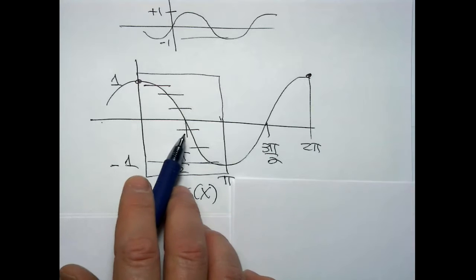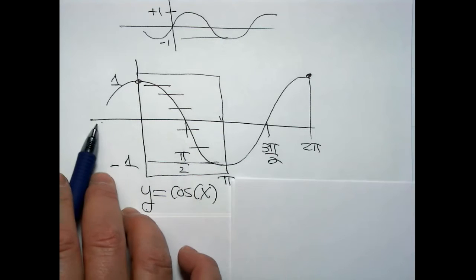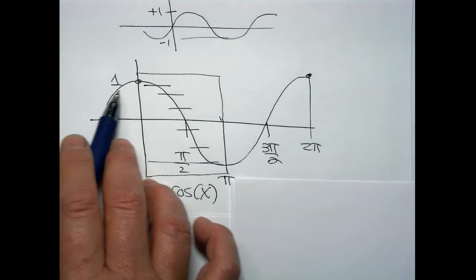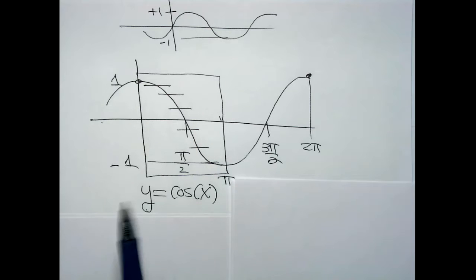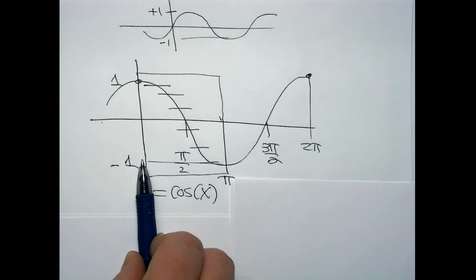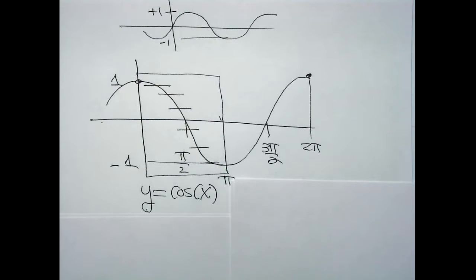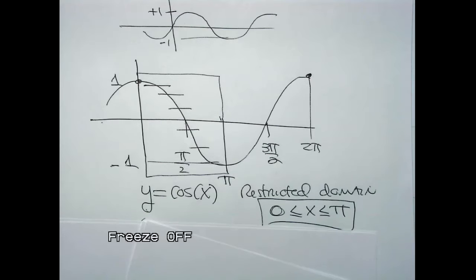Now, I do not think selecting pi/2 to -pi/2 is a great idea because it will still fail the horizontal line test. In fact, the best choice is from 0 to pi. So we choose from 0 to pi to be our restricted domain on our cosine curve.